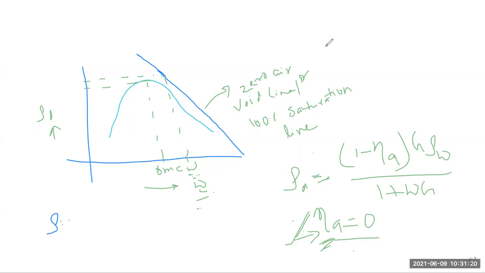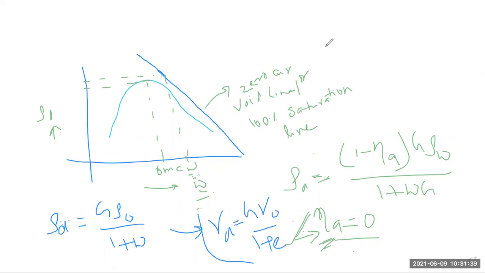rho d equal to G rho W by 1 plus W. So for rho D, this formula we can also write as gamma D equal to G gamma W by 1 plus E. So this formula is valid for the zero air void line, but actually the zero air void line is not possible.